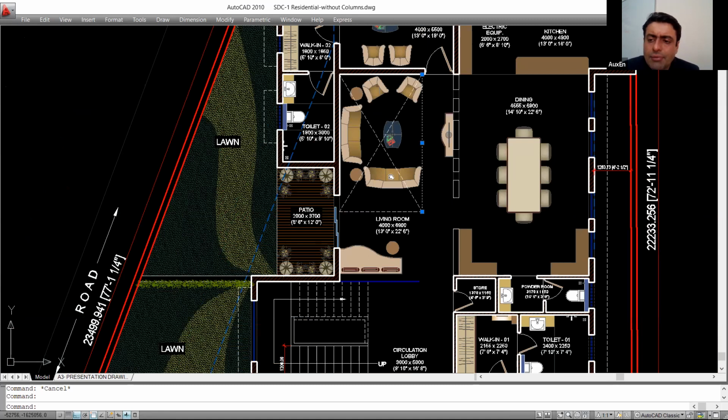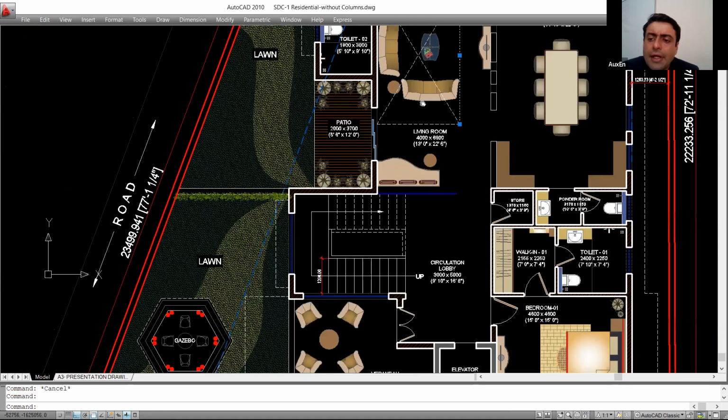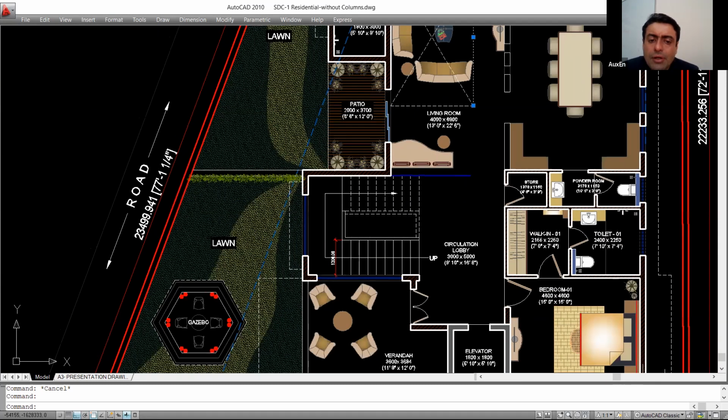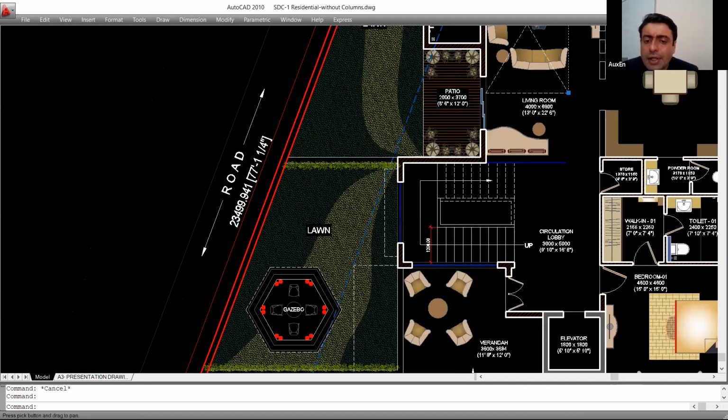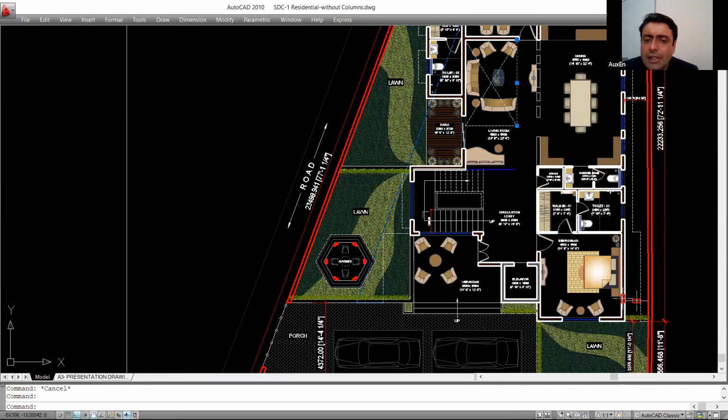Mr. Virat is suggesting if we put the staircase outside, then we have space for a guest room. But then no, see, you cannot put the staircase outside this line. Why? Why can you not put your staircase outside? Mr. Virat is suggesting to put the staircase over here, I think. Here you want to put your staircase?